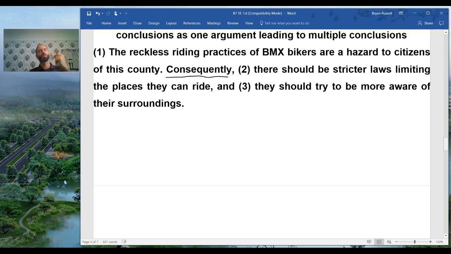So one premise leads to two, that same premise leads to three. Technically, those are two separate arguments, but the way we diagram them for ease of presentation is like this. So this shows us that premise one leads to two conclusions, 2 and 3.